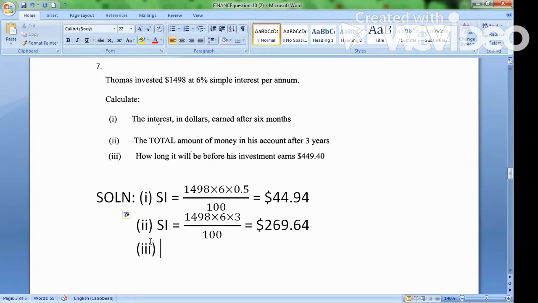Or would you add the 44.94 and the 269.64 and then take it away from the 449.40?